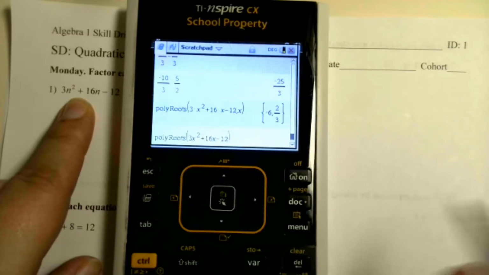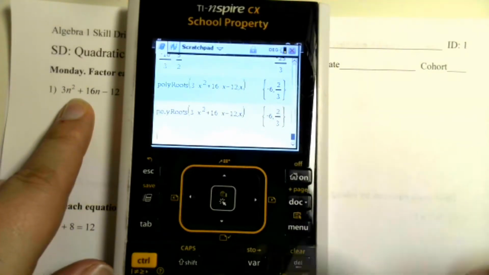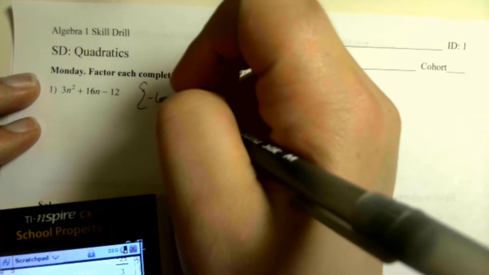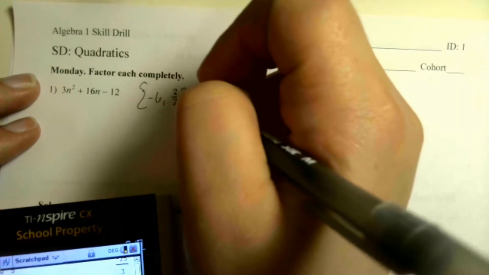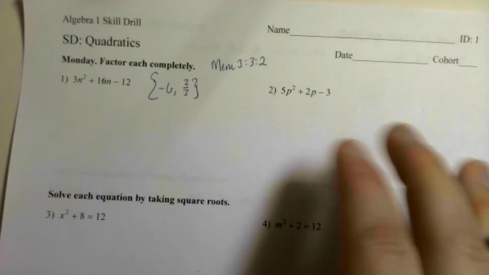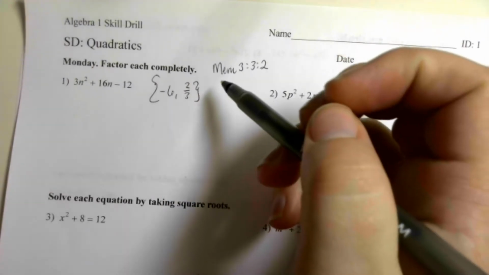And I just always use x. You can use the letter, I don't care. Comma x, press enter. I'm going to write it down. So I have -6 and 2 over 3. I highly recommend either printing this out if you have a printer. If you don't have a printer, just use some paper and write it down so you can have your work written down for you.